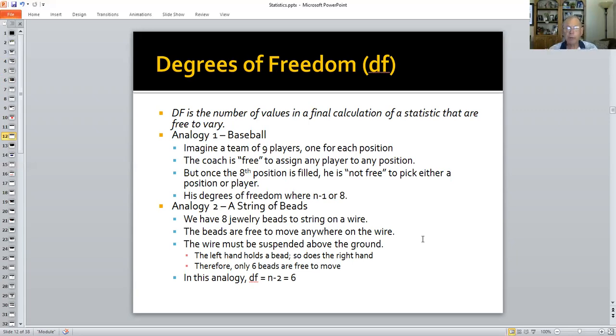However, the requirement is that the wire must be suspended above the ground. The left hand holds a bead. The right hand holds a bead. How many beads are free to move now? 6. So in this case, degrees of freedom equals 6. Now it's n minus 2. All right, that's what degrees of freedom are all about. Clear as mud.